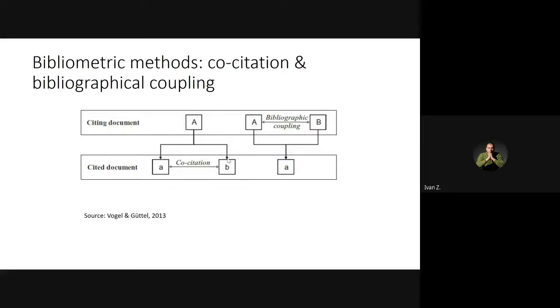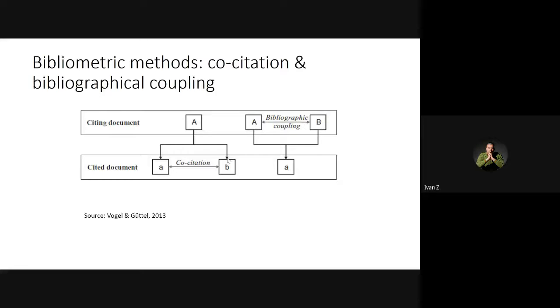So if I cite two different articles together in my paper, this means that I'm writing about a certain topic, and I basically think that these two documents are connected. And if we put together many of these connections, if many authors cite two articles together, that means that these two articles are connected more strongly than if those occurrences are fewer.